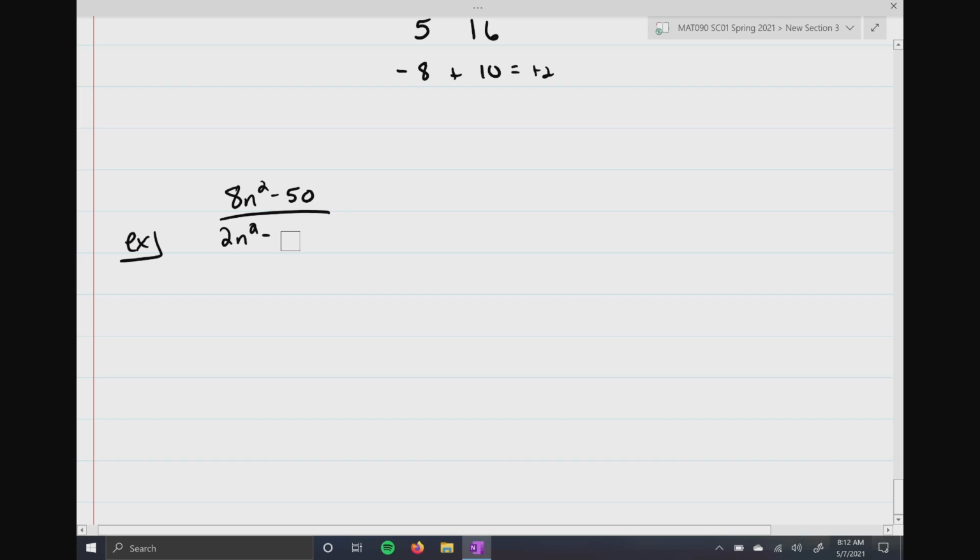Let me write that better. 2n squared minus 7n plus 5, divided by 14n squared plus 31n minus 10 all over n squared minus 7n plus 6.